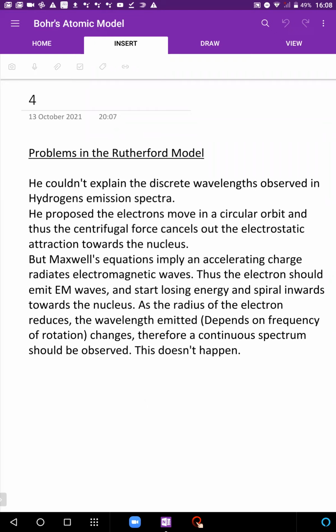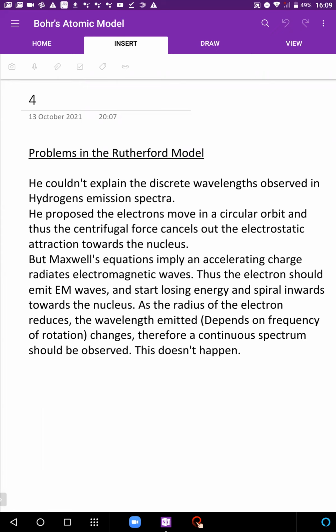We're going to see it in a bit, but I'm taking advantage of the fact that you know what hydrogen's emission spectra is. You know the Lyman series, you know the Balmer series. Rutherford's model could not explain that in any way, because it had no concept of orbits. Maybe when you heard Rutherford's model, you must have thought, hey, this sounds like the atom we know. It actually doesn't.